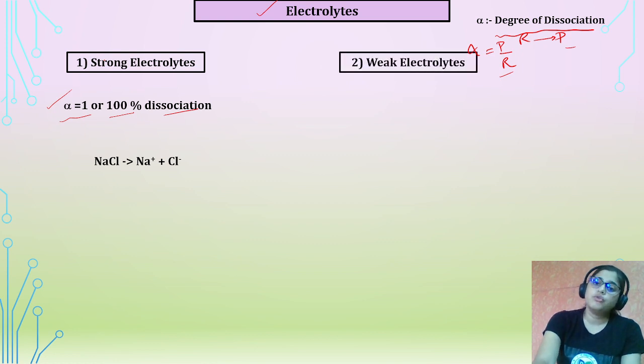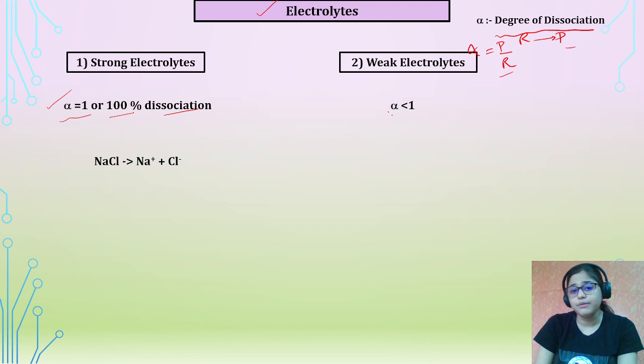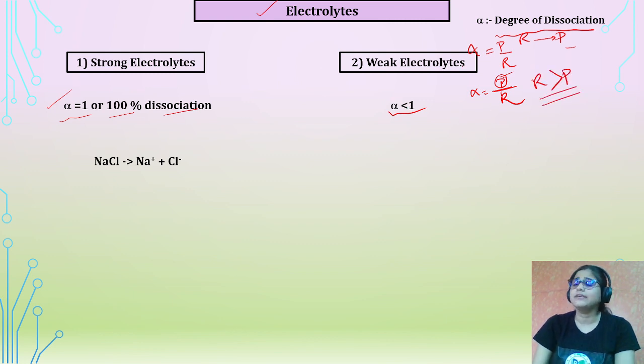So when we take a weak electrolyte, what will be the difference? Alpha will be less than 1. Alpha is product by reactant, right? So not much product is there. We know a ratio is less than 1 when R is greater than P, right? Reactant is more than product. So not much product has been formed from reactant.